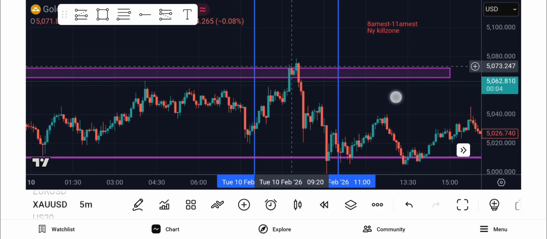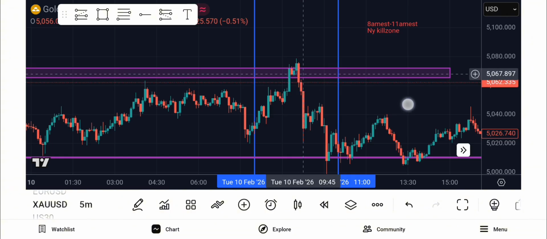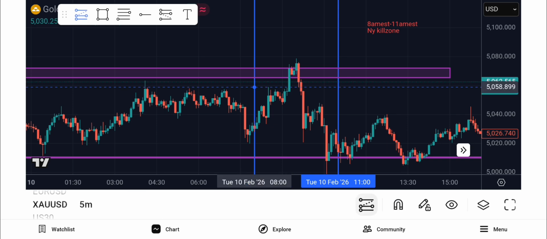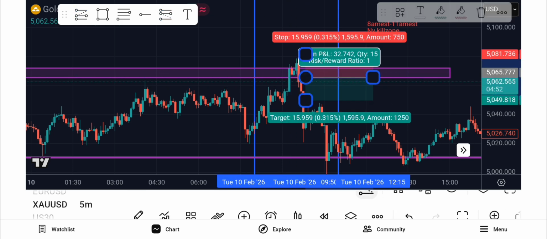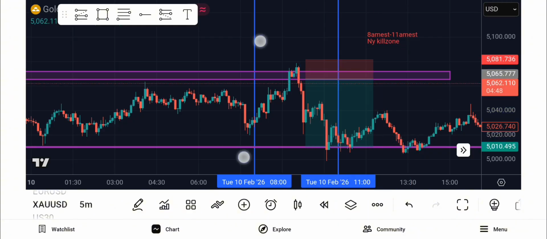So as soon as it went into that fair value gap, it dropped down here at 9:30ish, and that's when I entered the sell towards those equal low liquidity.